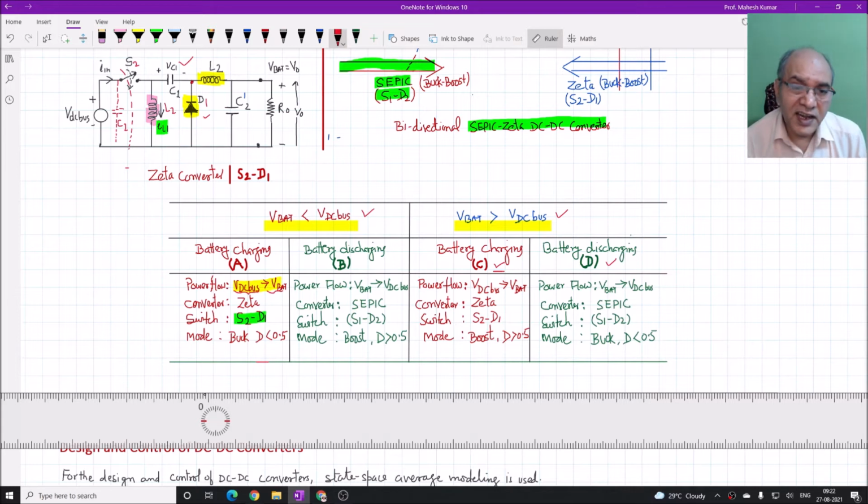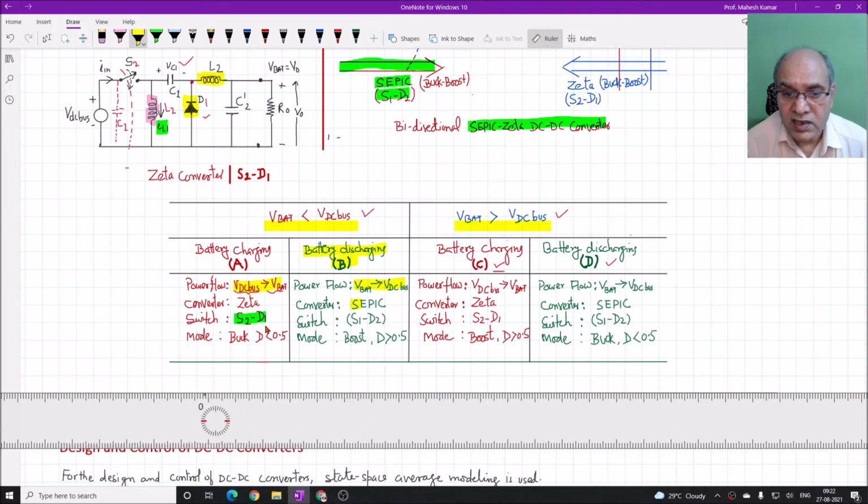Then take the second case, B case, when the battery is discharging. Then power will flow from battery to the DC bus, because battery discharging is giving its power back to the DC bus. What will be the converter mode? SEPIC, because from the battery side, the combination of S1 and D2 is the SEPIC topology.